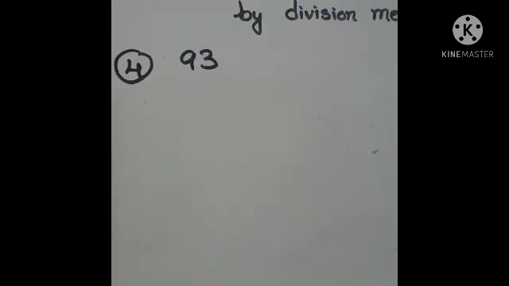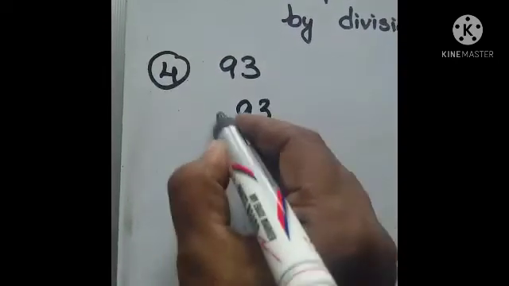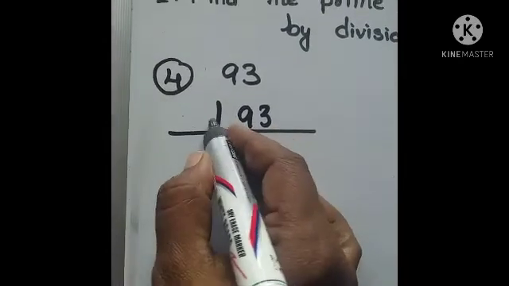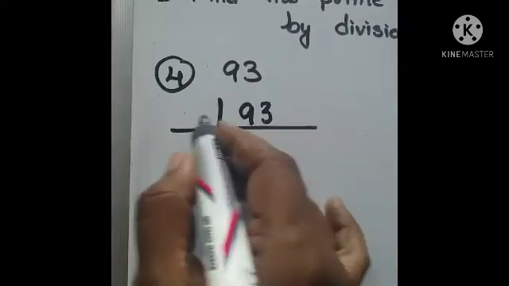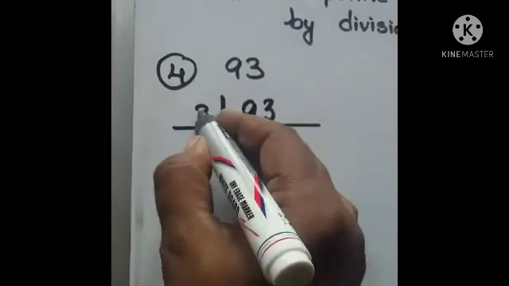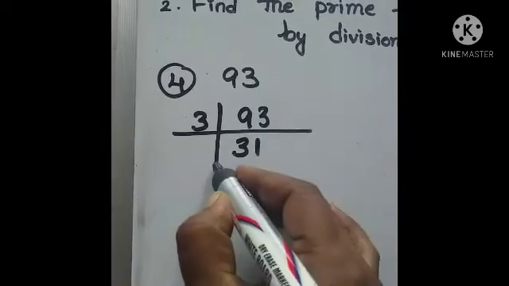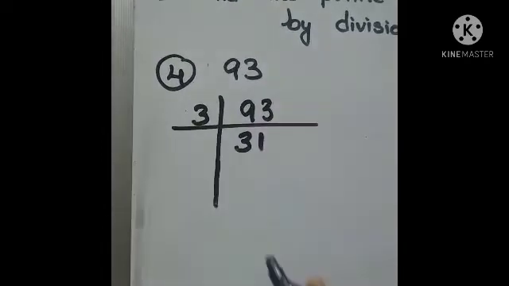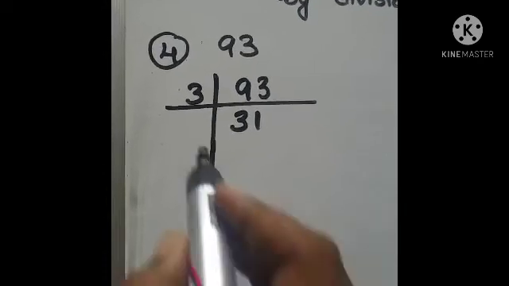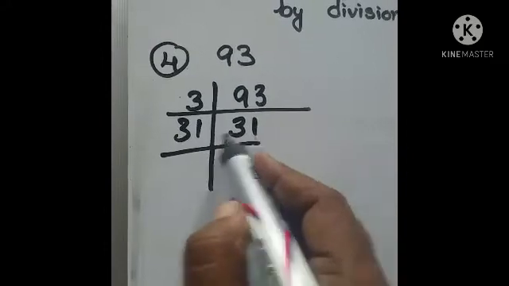Next, fourth one is 93. Here we did not take the smallest prime number because when we take 2, we did not get remainder 0. So we have to choose 3. 3 3s are 9, 3 1s are 3. 31 ones are 31, because 31 is also a prime number.